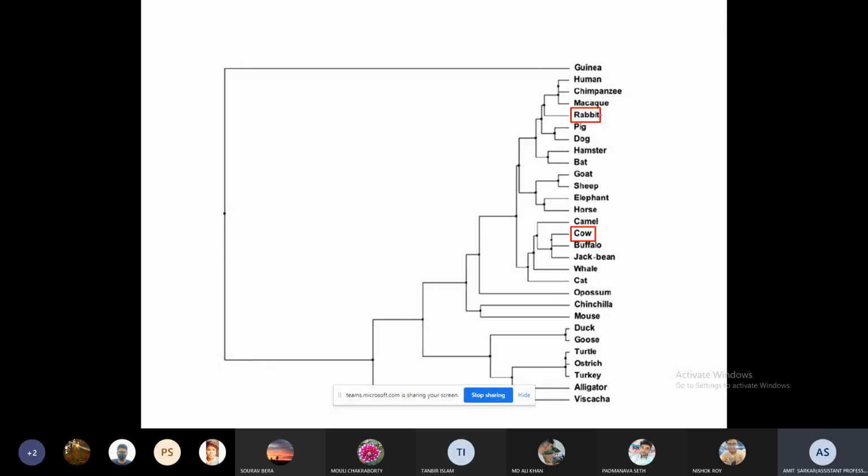The rabbit is also pretty close to us, but the cow is much farther below in the phylogenetic tree. That's why cow protein will be recognized as a foreign protein in the rabbit system. Cow protein might be recognized as foreign in pig and dog. Similarly, a chimpanzee protein might be recognized as foreign in a cow. So this depends upon the position on the phylogenetic tree.